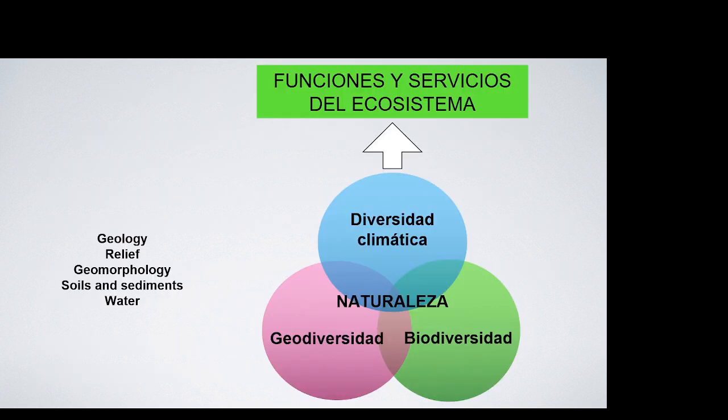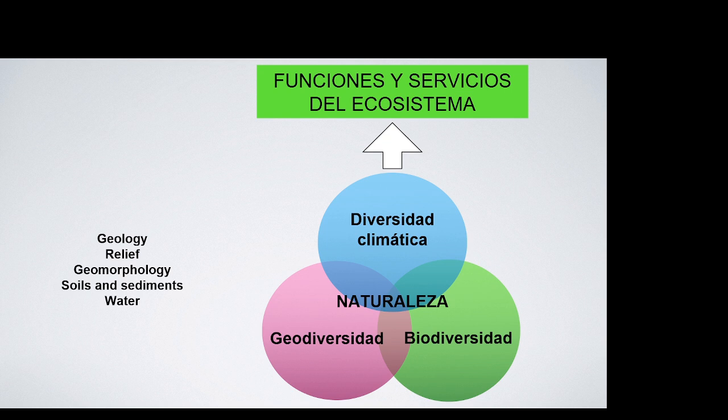So the ecosystem is formed by the climatic diversity, by biodiversity, which is what many of you study, and by geodiversity. All of these conform in nature, and it has functions that support services, or ecosystem services.